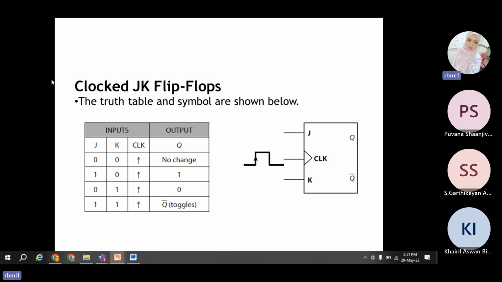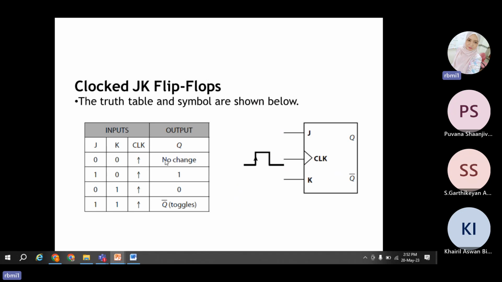Okay, we can see here this is the truth table for the clock JK flip-flop. This is the clock input, J is the set, and K is the reset. Q is the output and Q bar is the complement of the output.